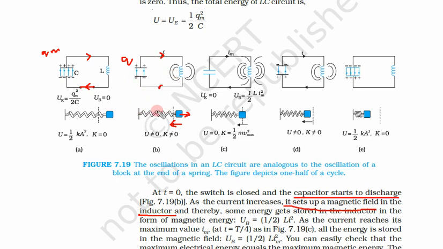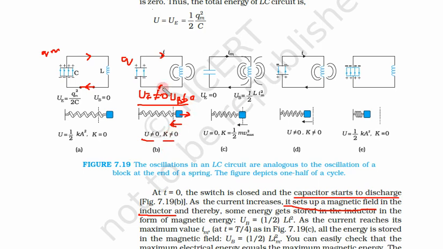So both U and K are not equal to 0, and the same case is happening here. Electrical energy is not 0, nor is magnetic energy 0. Both have some value, not maximum, not 0, but somewhere in between. Here potential energy is not 0 and kinetic energy is also not 0.